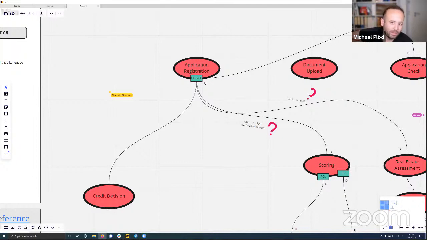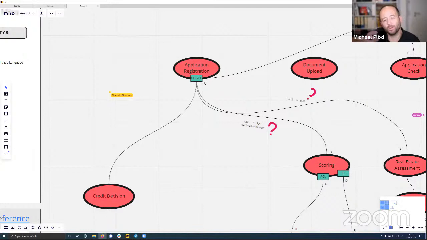I think the scoring team will say, folks, that's not the best idea. That's not feasible for us. In order for us to do our job, you need to provide us with the following model. And they need to have that influence. So when they come up with new rules, with new ideas for rules, I think we should give them a chance to also grab more information through the application form.